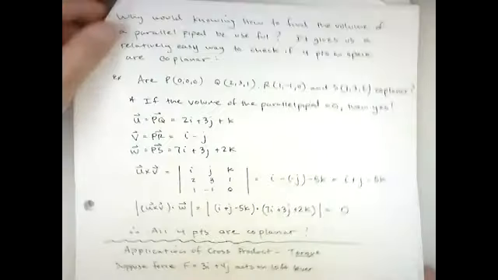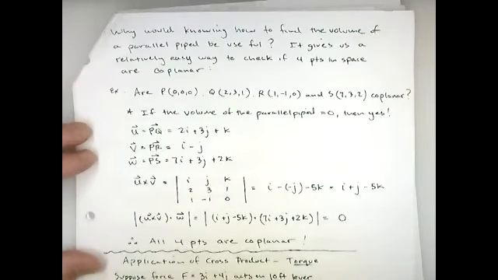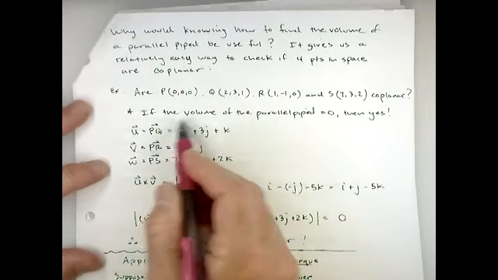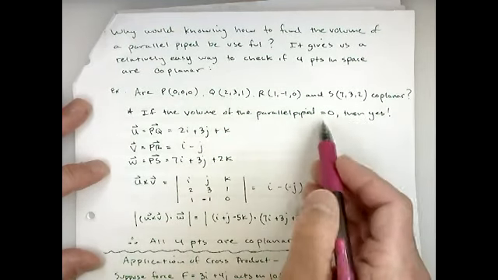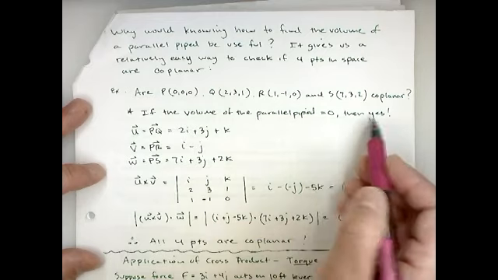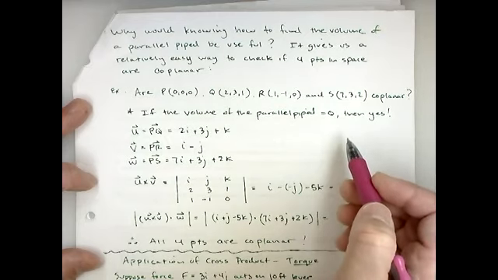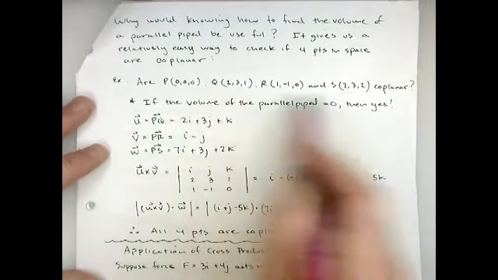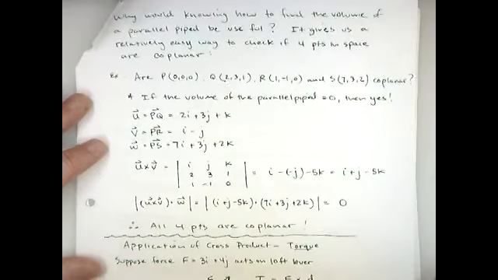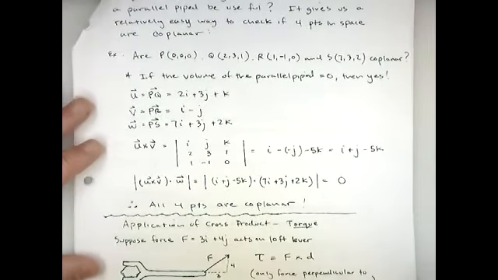So one way to check if 4 points are coplanar is if you compute the volume of the parallelepiped spanned by those 4 points and you get 0, then yes, all 4 of those points lie on the same plane. And it's a relatively simple way, certainly better than trying to graph these points, to answer the question if they are coplanar.